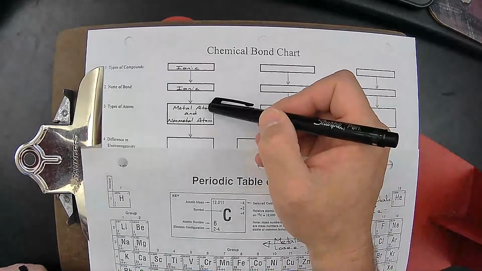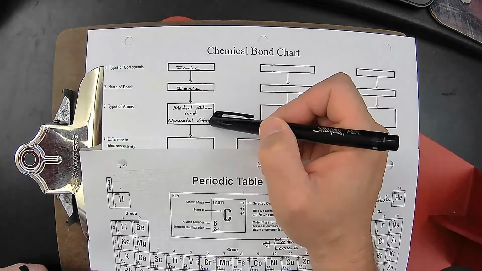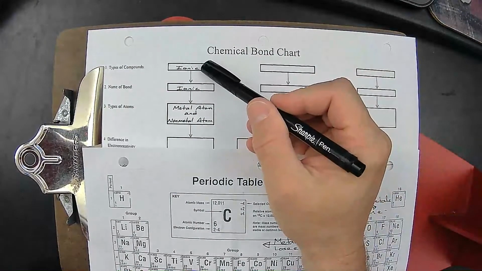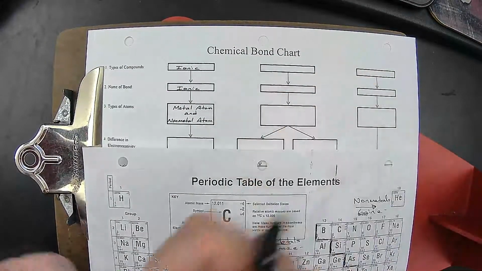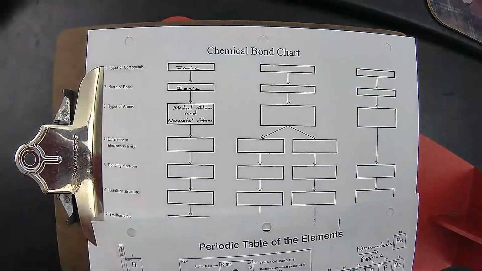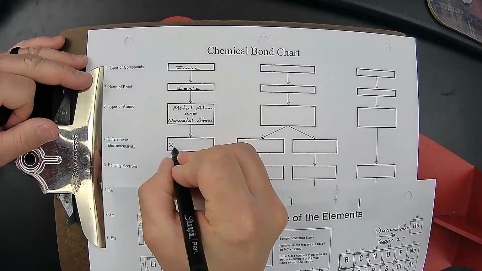So no longer is it a metal atom, it's a positive ion. No longer is it a non-metal atom, it's a negative ion. And so when they stick together, we call them an ionic compound, and the bond, the connection, is called an ionic bond. The electronegativity difference needs to be 2.1 or greater.